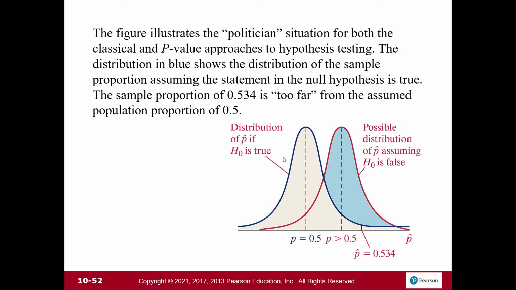Yeah, so the first normal curve is based on the null, and then if we build a normal distribution based on our collected evidence, we can see now how statistically significant our results really are.